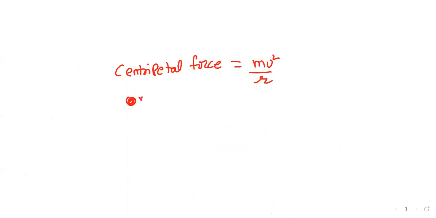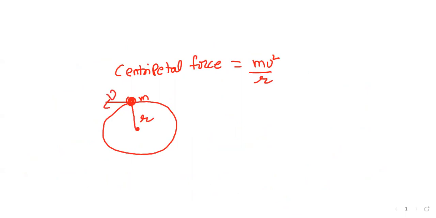See, the main idea is that centripetal force is given by the formula mv square upon r. Let's say there is a particle of mass m, and it started moving around a circular path of radius r with velocity of v.